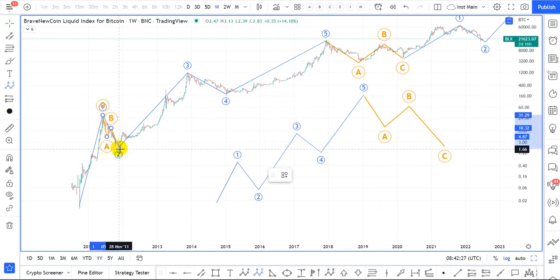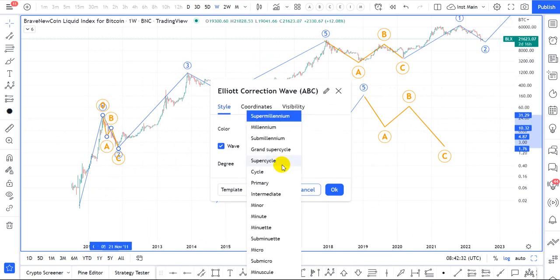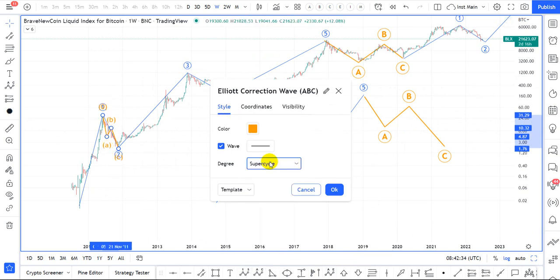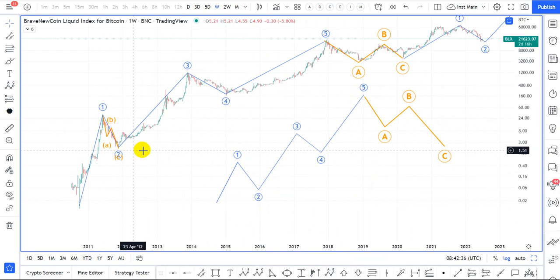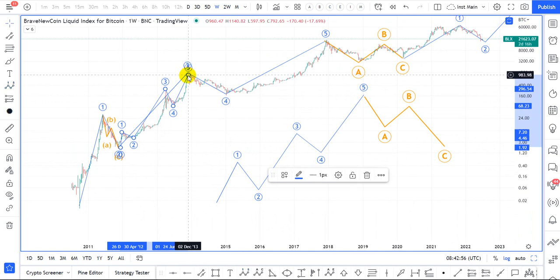A, B, C. Let's go into the settings and I will make it smaller. Okay, and what it's saying is that every impulsive wave 1, 3, and 5 can also be divided into 5 subwaves. For example, here's 1, 2, then we had an extended wave 3, 4, and 5.